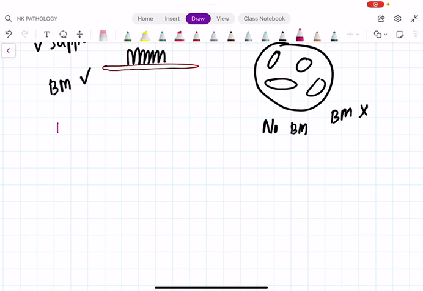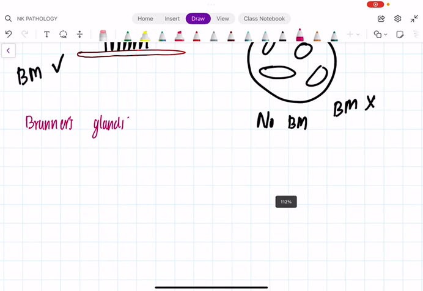Example, Brunner's glands. All the examples of epithelial cells that you learn in histology. Epithelioid cells, we have something called physiological epithelioid cells. That means they are normally present in the body. Usually epithelioid cells we will see in granulomatous inflammation. But remember, normally also we have, and this may be a potential MCQ question: number one, islets of Langerhans present in pancreas.